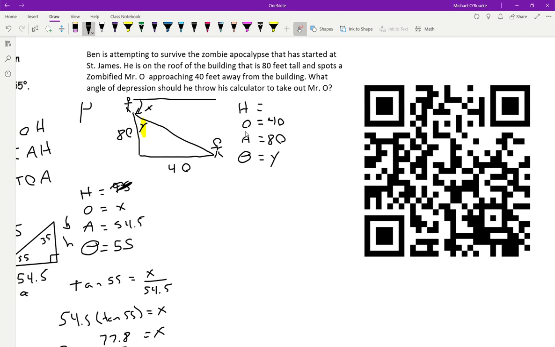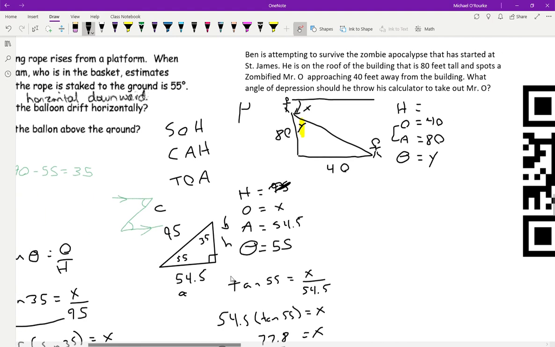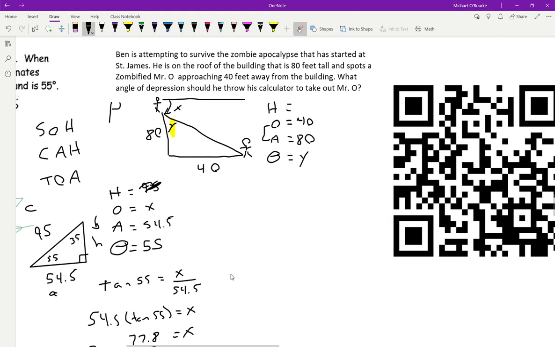Perfect. So what am I going to use? SOH, CAH, or TOA? Which one am I using? Good. TOA.